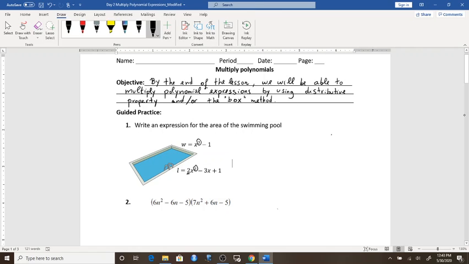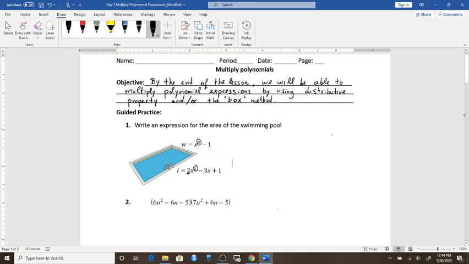So when we multiply length by width in order to find the area of the swimming pool, we're going to find an area which is represented by a polynomial expression of degree 4, because width and length both have a degree 2. So when we multiply, we're going to add these exponents so we get a polynomial expression of degree 4.